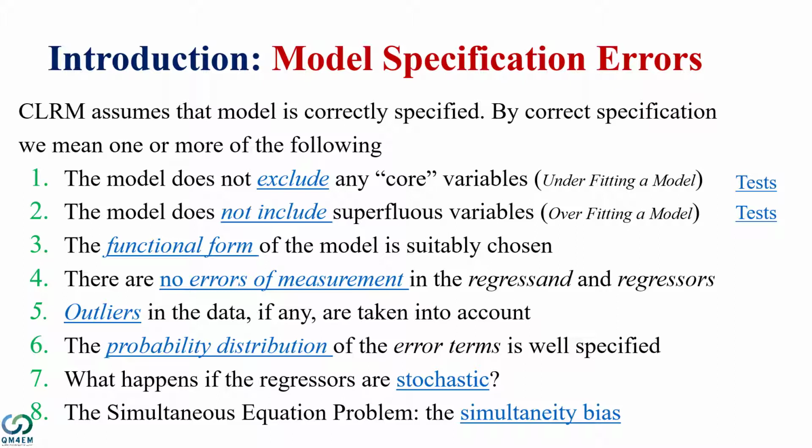We discussed that if we exclude a variable which is very important, we call this a case of underfitting. In this scenario, the parameters we estimate will be biased, particularly if the excluded variable is linked with the remaining variables.